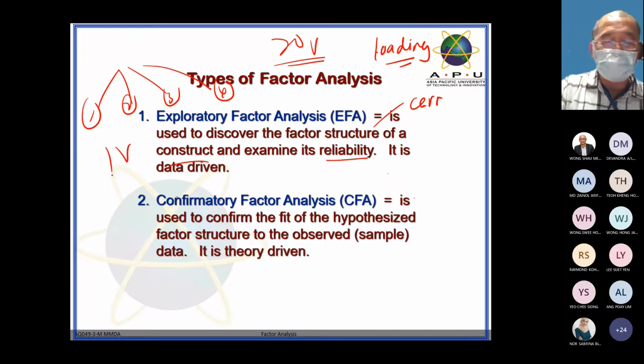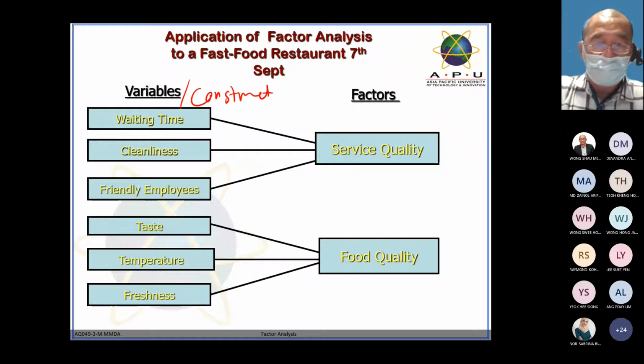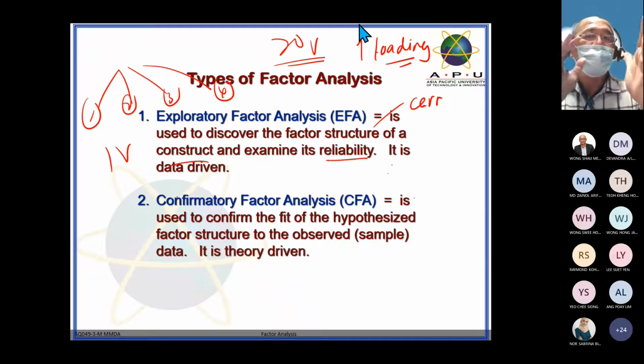Don't worry too much, if you use construct, it's also not wrong in our context. In general, the higher the correlation, the better, because it's loading. Again, loading is the correlation between the construct and the factor.